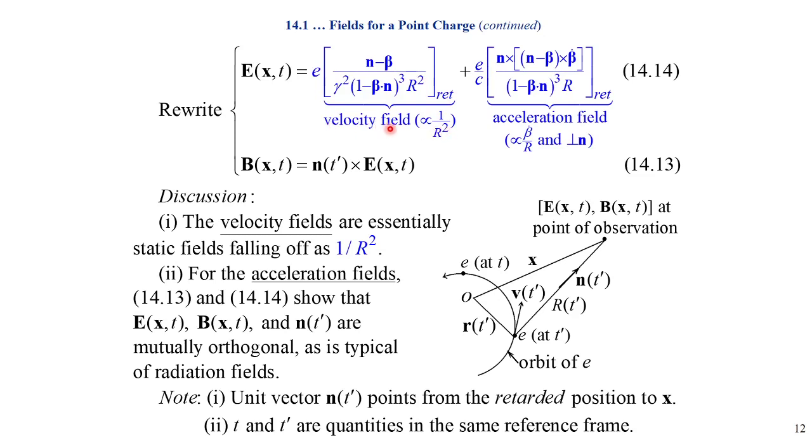So the velocity field is proportional to 1 over R squared. Yes, the traditional format for electrostatics. However, we have another term here. Once again, let's check the dimension. We have the beta time derivative.